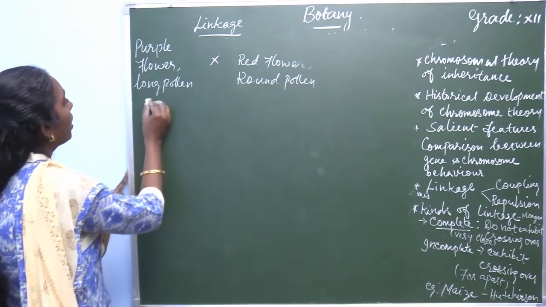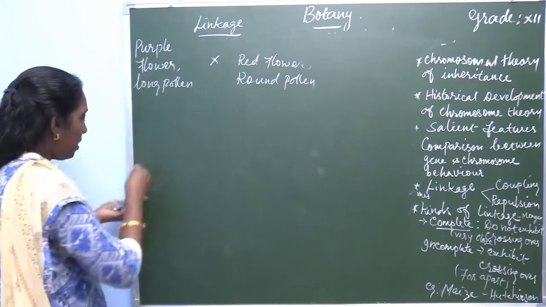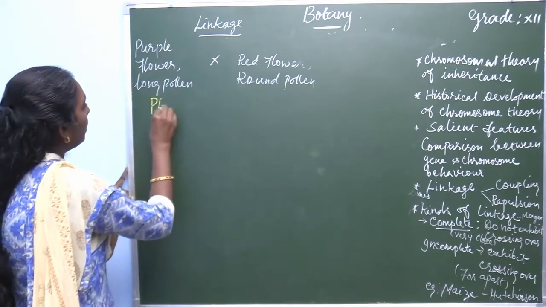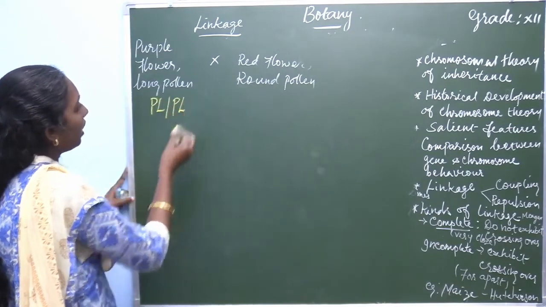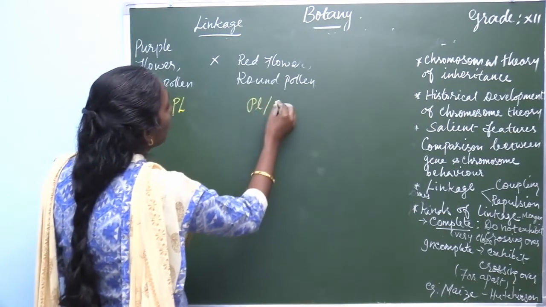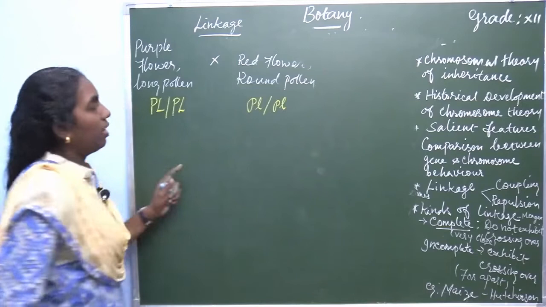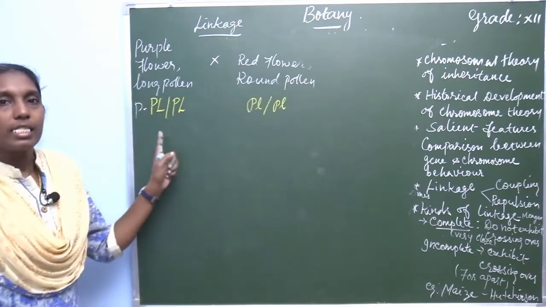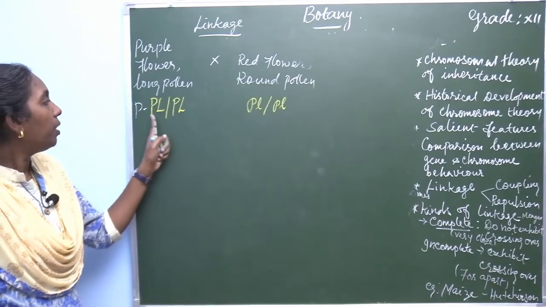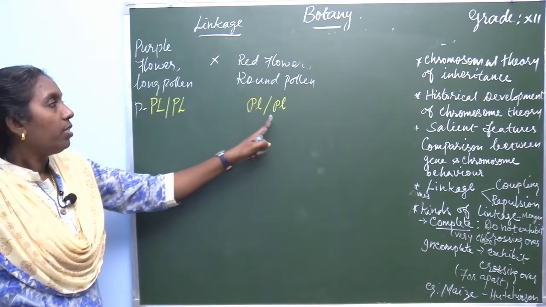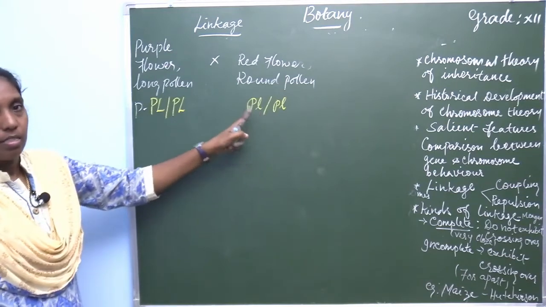The alleles are capital P, capital L, capital P, capital L, and here small p, small l, small p, small l. So, these are the parents: purple flower with long pollen, and red flower with round pollen.